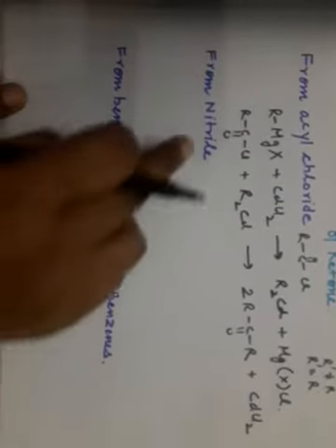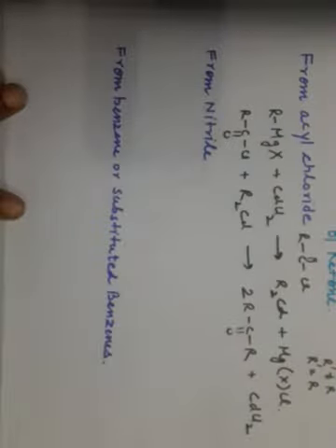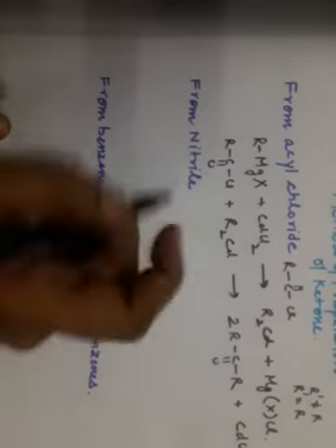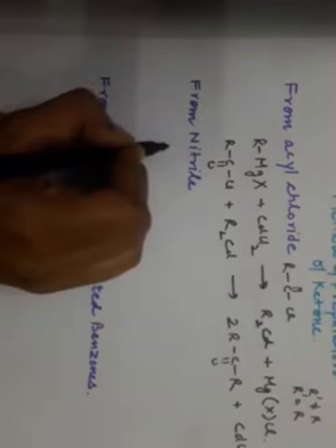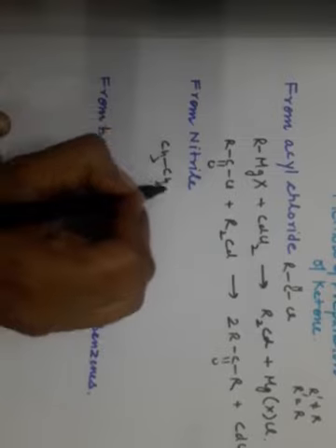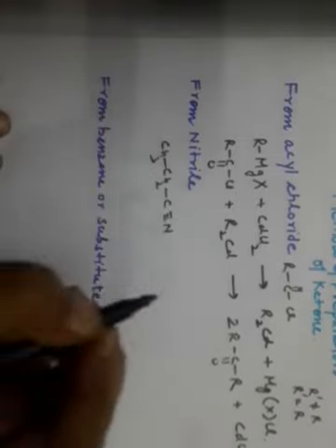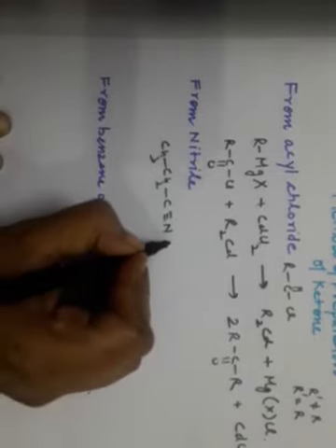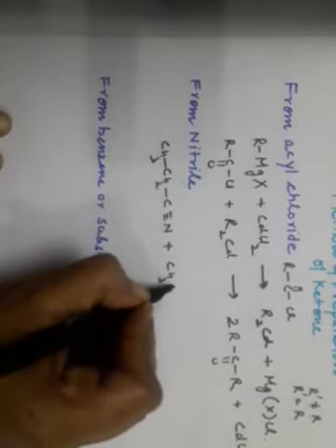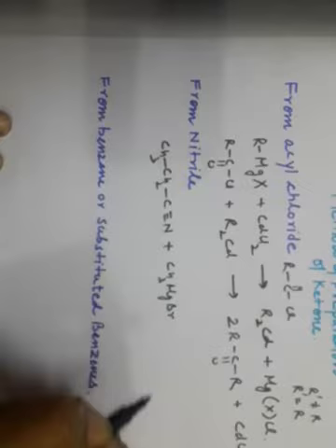Now formation of ketones with the help of the nitrile group. Again we need Grignard reagent and a nitrile for this preparation of ketones. We take the example of a nitrile, CH3CH2C triple bond N. It is a nitrile group. It is propane nitrile, and it reacts with a Grignard reagent. Take any example of a Grignard reagent.